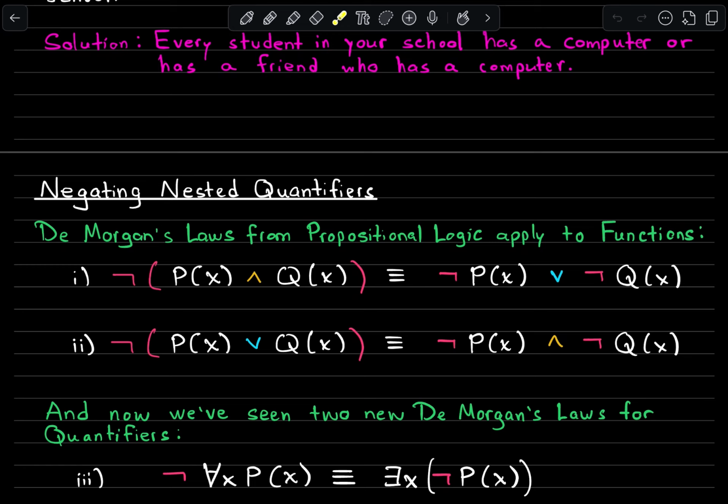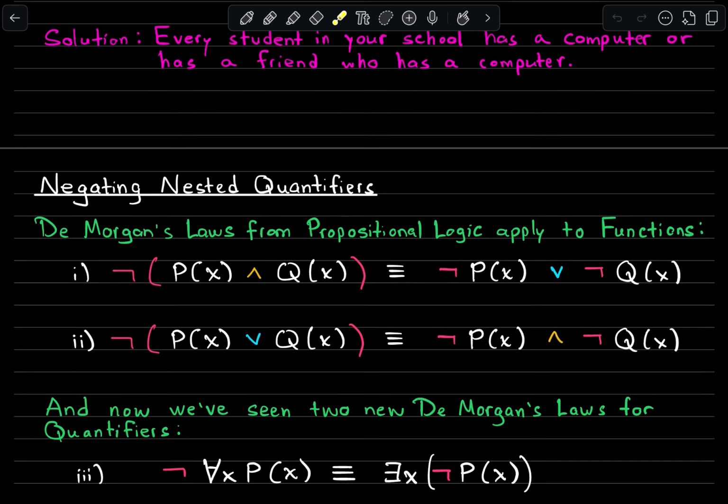Okay, so rule number 3 was talking about the negation of the universal quantifier on some function p of x. This is equivalent to the existential quantifier of the negation of p. Okay, so this translates to something like, it is not the case that for all x, p of x.